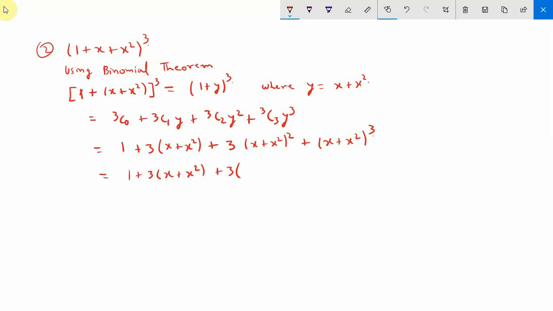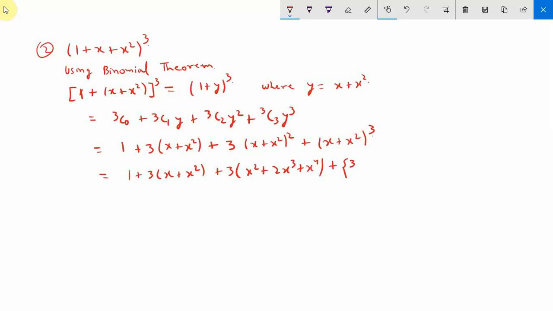into, we will break this one, x square plus 2x cube plus x to the power 4, and this again we can break either using a plus b whole cube, or we will use again binomial expansion.